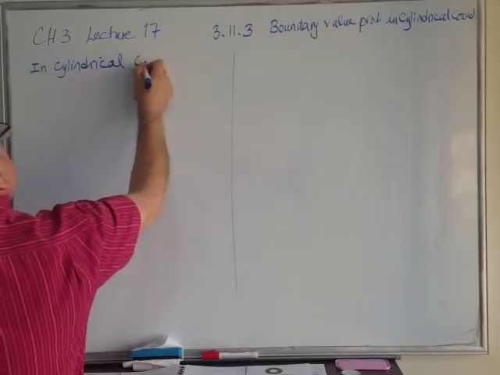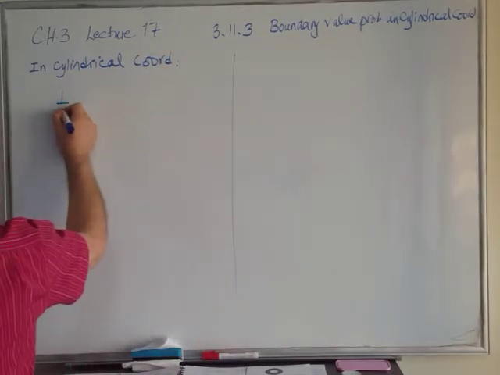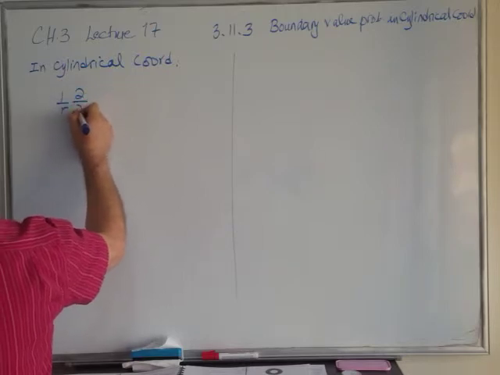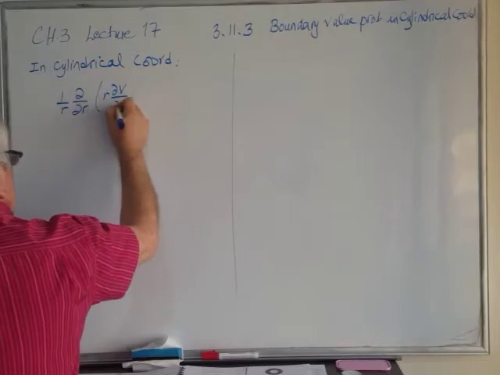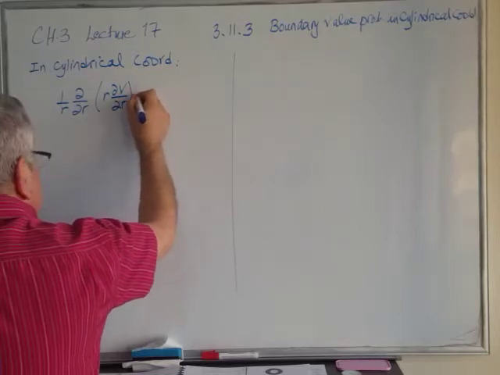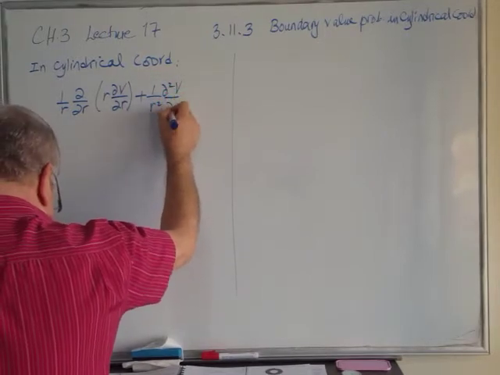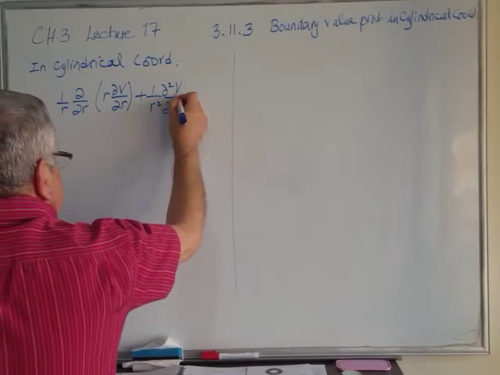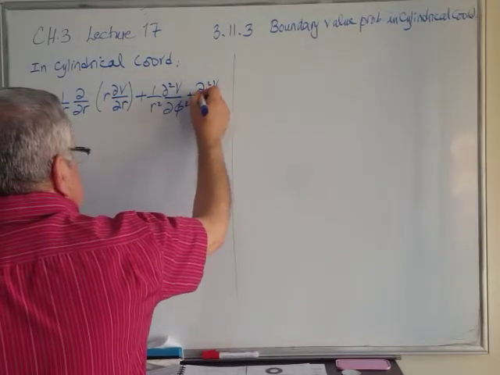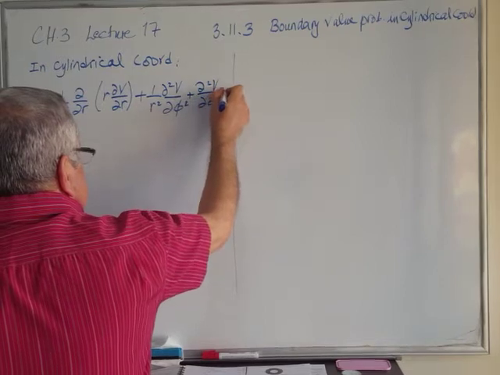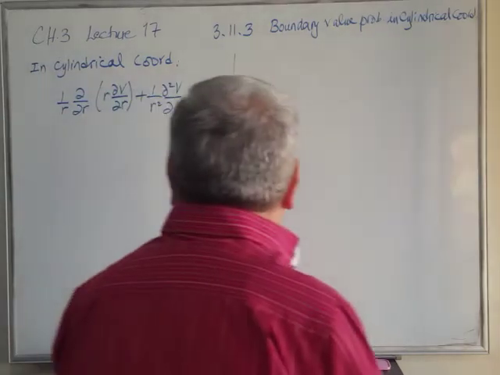In cylindrical coordinates, the expression of the Laplacian is 1 over r partial with respect to r of r del v by del r, plus 1 over r squared del square v by del phi squared, which is the second variable, plus the third variable, which is del square v by del z squared. That's the expression. This is equal to 0.